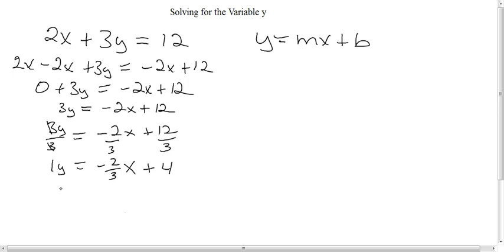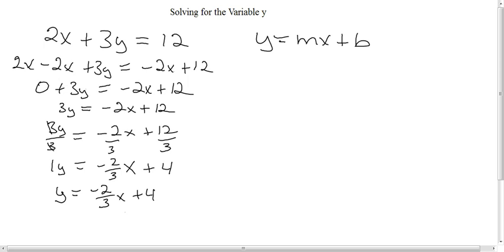Now we can take this 1 away because we know that's a 1. y is equal to a negative 2 over 3x plus 4. Y is isolated. Isolated means it's by itself on one side of the equal sign. So we come up with y is equal to a negative 2 over 3x plus 4, which is the same as the equation up here.